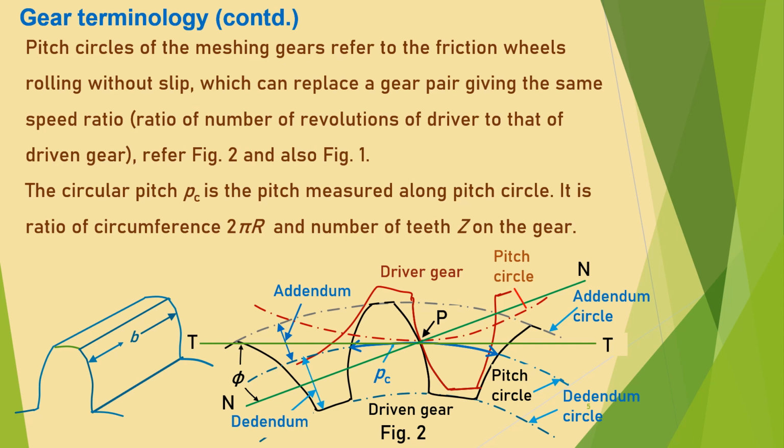Refer to figure 2 and also figure 1. The circular pitch Pc is the pitch measured along the pitch circle. It is simply the circumference 2 pi r divided by the number of teeth Z on the gear, where r is the pitch circle radius.